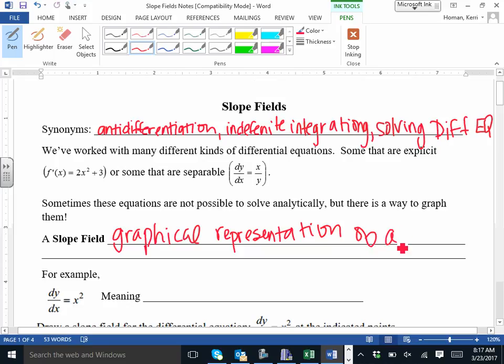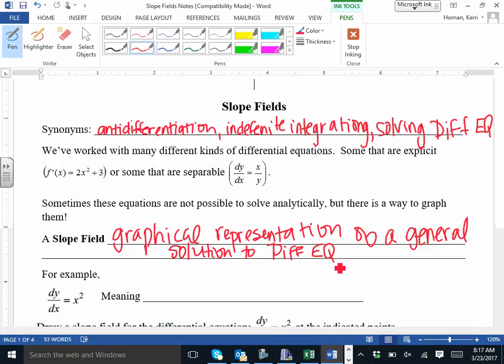I'm going to put diff-EQ just to save some room up here because I have to write a lot larger than you do. But a slope field is a graphical representation.